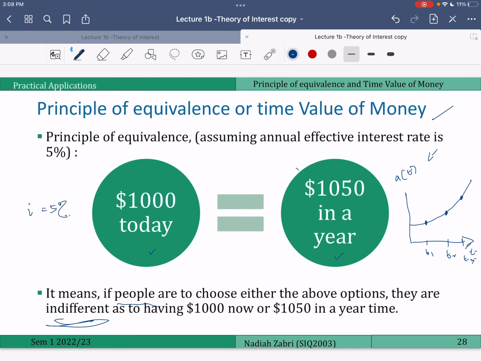This is not the reality, because usually people's decision on when to pay and when to get their money depends on other things as well other than interest rate. For example, they will look at inflation or their needs for expenses, etc. But just for the purpose of solving some interest problems in this course, we will hold on to the principle of equivalence.